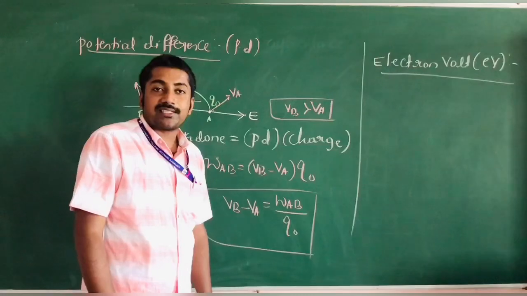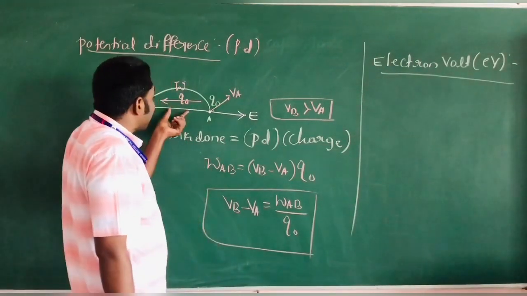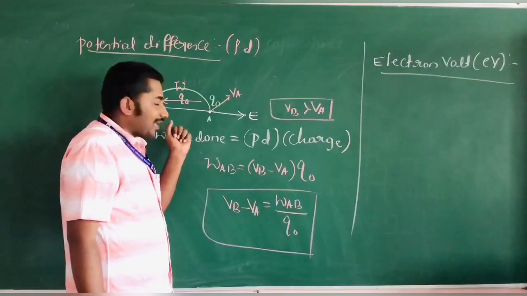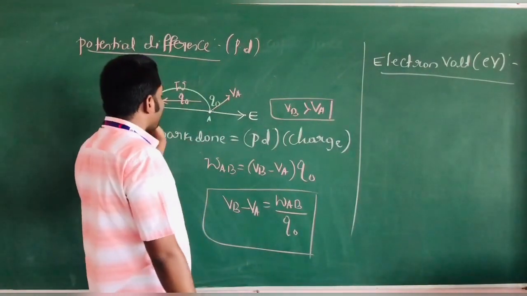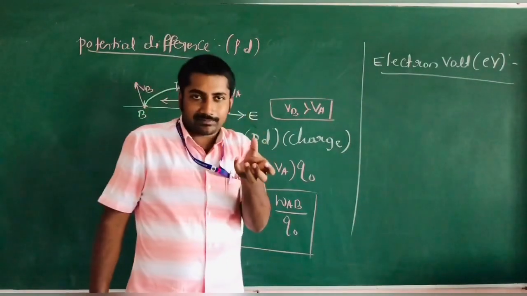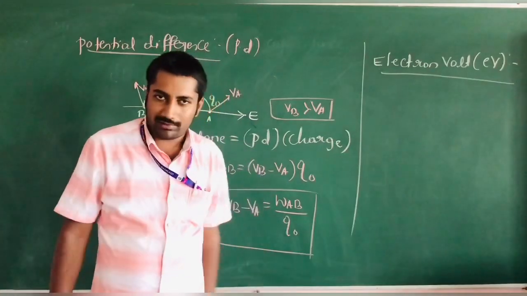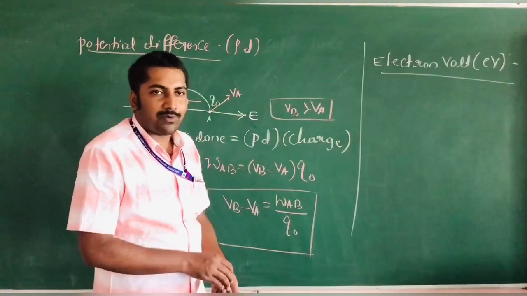When an electron moves from one point to another against the direction of the electric field, it gains a certain energy through a potential difference of 1 volt.